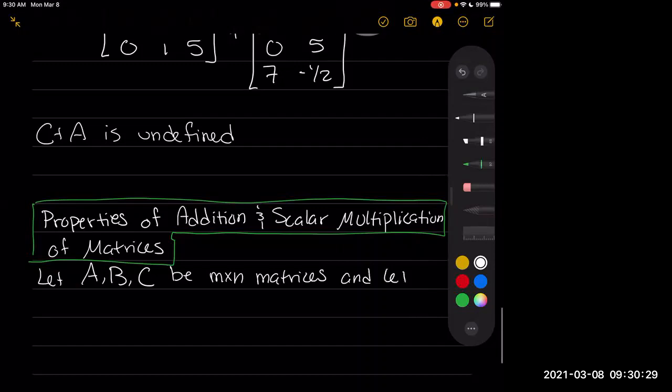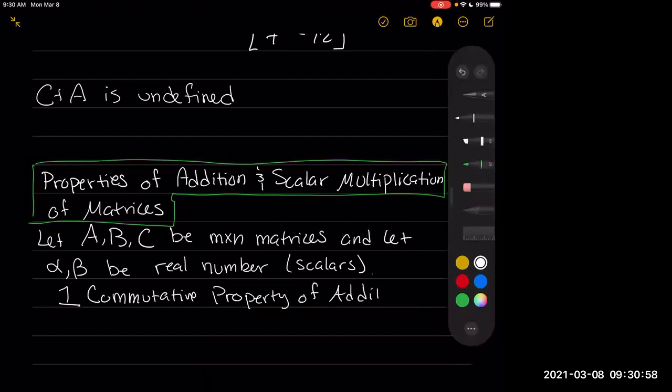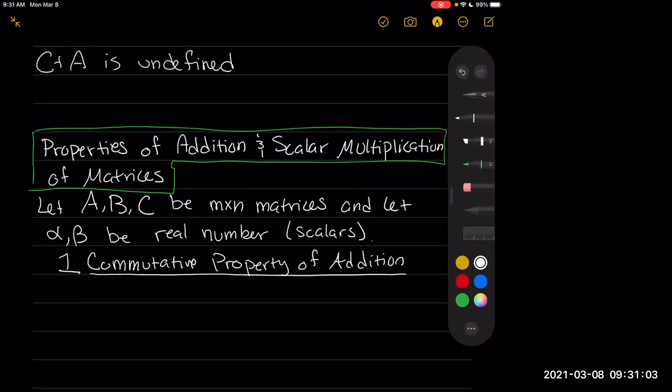And we're going to let alpha and beta be real numbers, also just called scalars. Okay, so our first property is the commutative property of addition. So what this means is if we were to have A plus B, this equals B plus A.